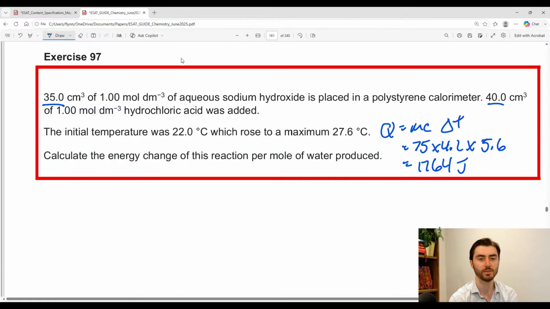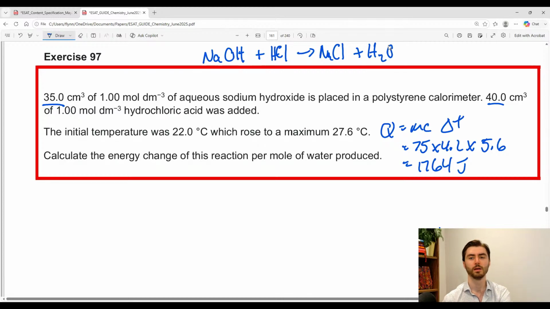The enthalpy change per mole of water produced. Well, we have sodium hydroxide and hydrochloric acid, which is clearly just forming NaCl and water. Now we have to work out how many moles of water are produced. So this is 35 times 10 to the minus 3 decimeters cubed times 1 mole per decimeter cubed.